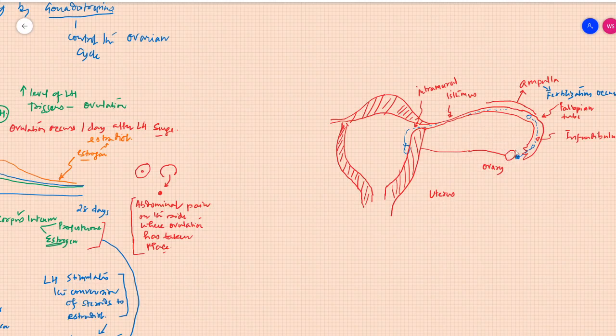So up till now we have talked about the cyclical changes in the ovary. How these cyclical changes affect the uterus is what we are going to look at now.